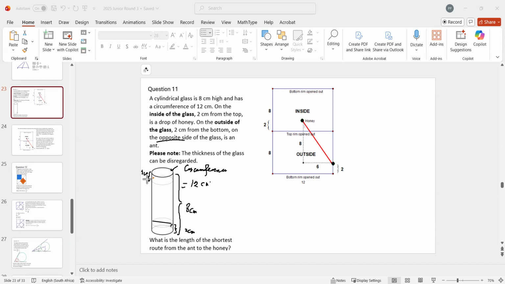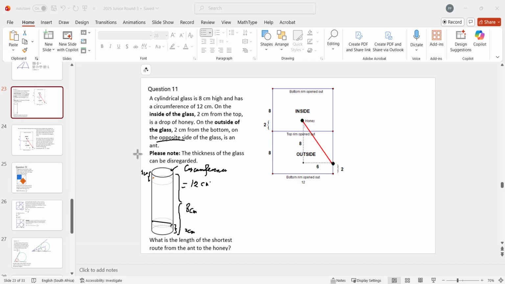And then the honey is vertically above that diameter. Okay, so this ant now makes its way from the outside, it goes to the inside of the glass, and you want to know what is the shortest route from the ant to the honey.